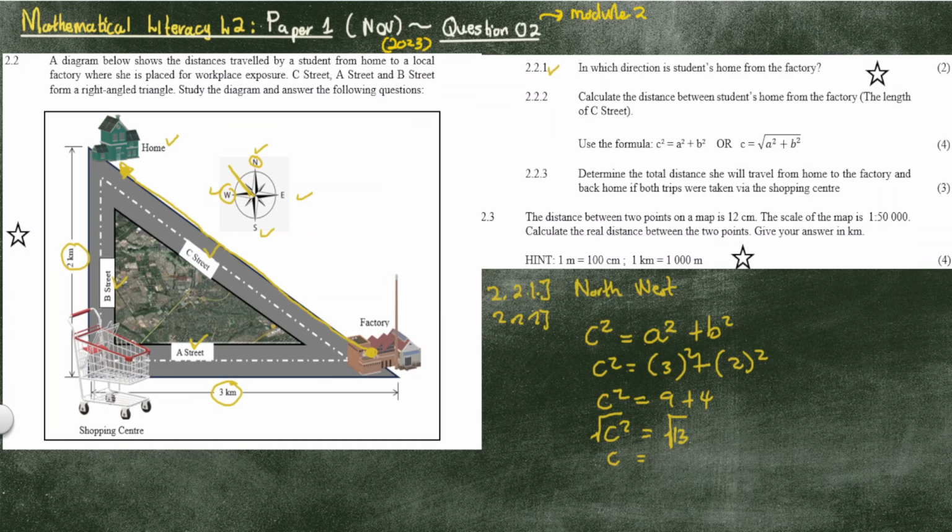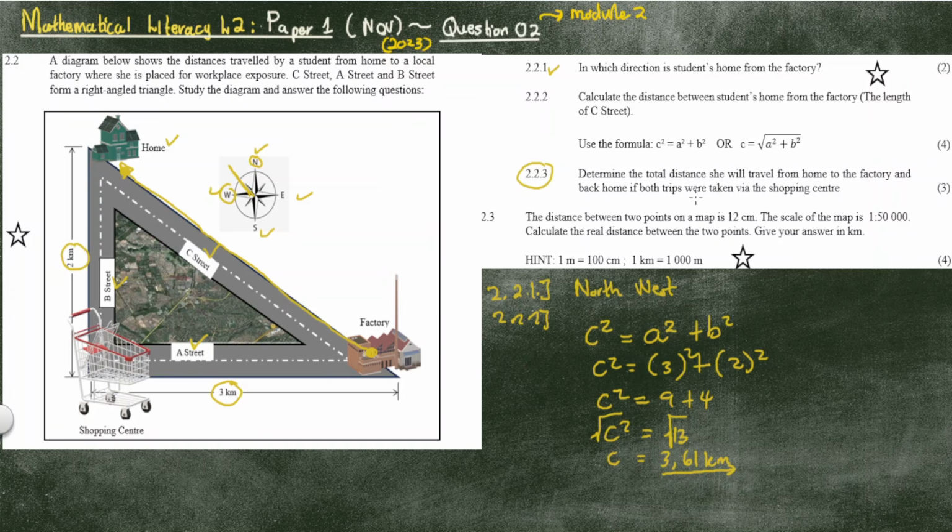The square root of 13 is equal to 3.61 kilometers.